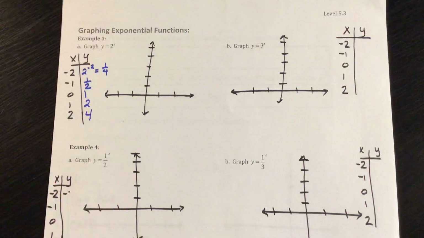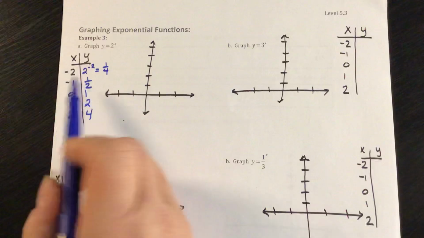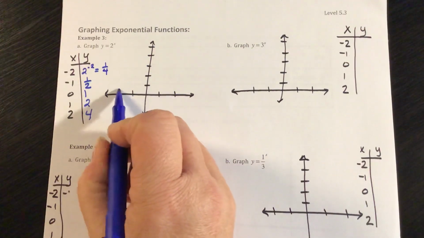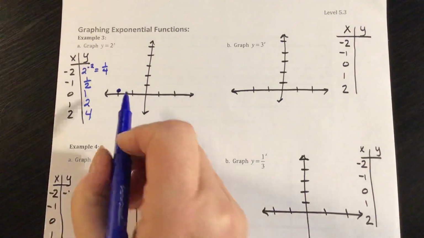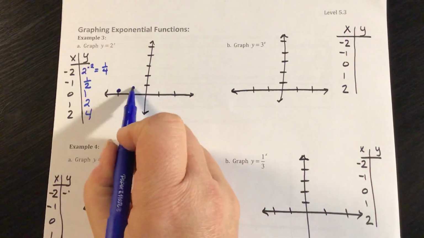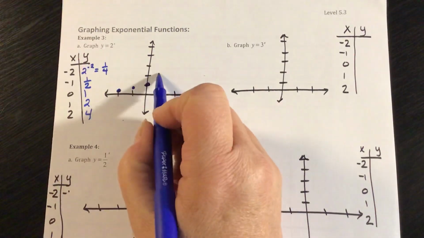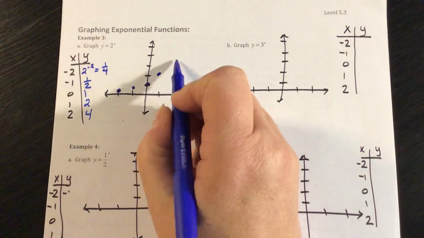All right, so if I plot these values at -2, I'm going to have a very small number at 1/4. -1 is 1/2. 0 is 1, over 1 up 2, and over 2 up 4.